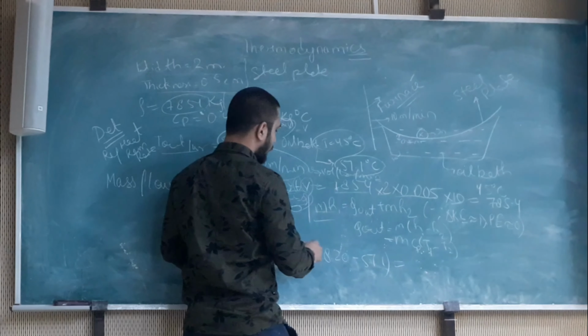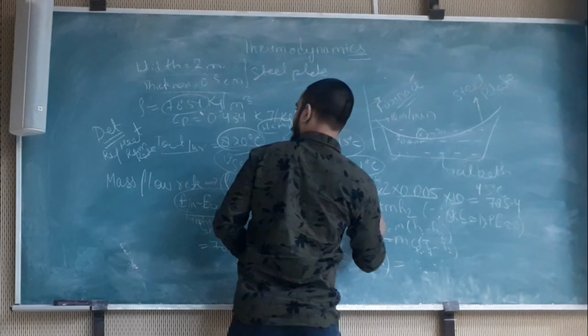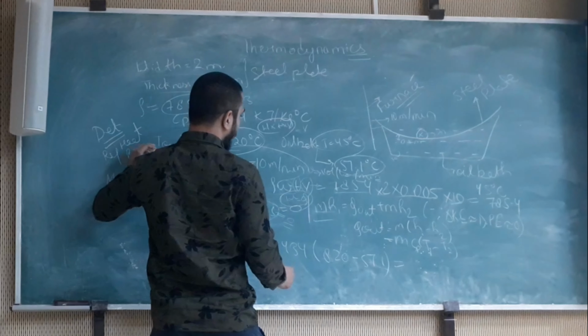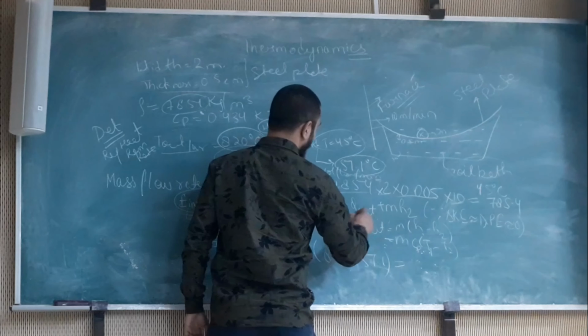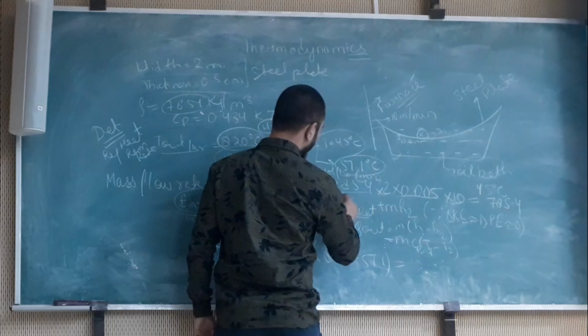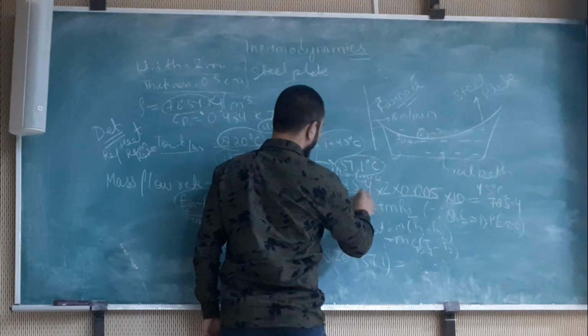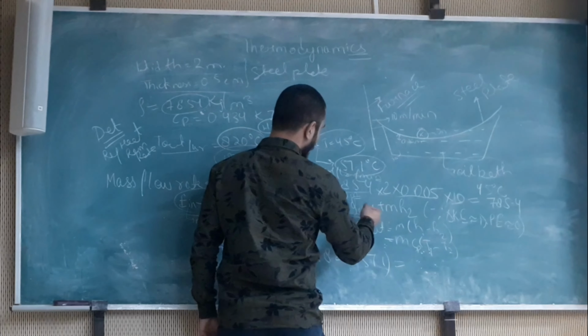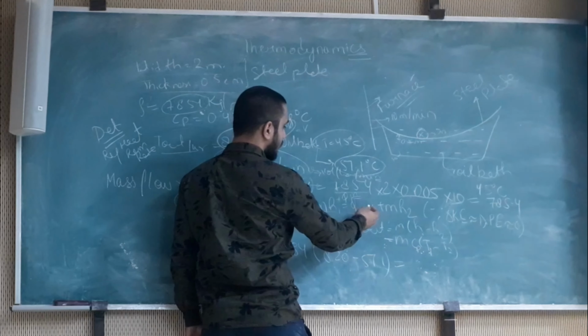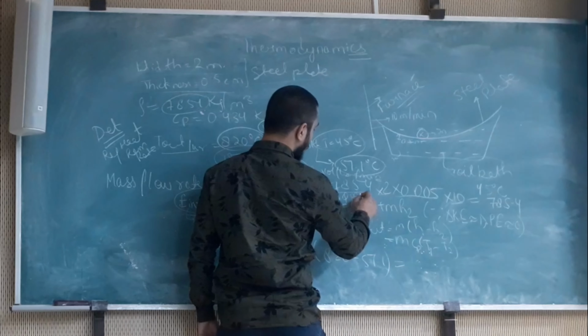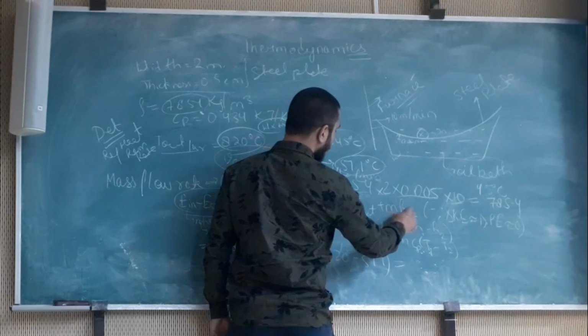Because here we have to calculate the heat removal rate, we related this work to the heat Q. So mH1 plus Q in, which is 0 because only the heat we are removing from the system, is equal to Q out plus mH2.